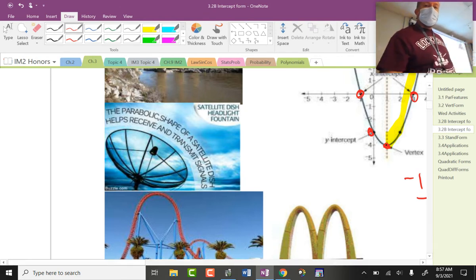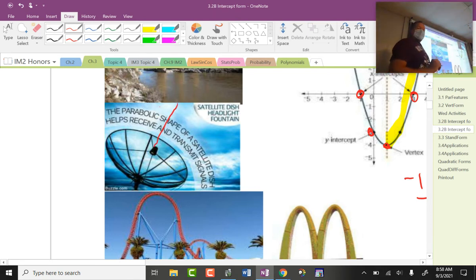But this is what happens with a paraboloid. You get signals that hit that directly from space, but then the paraboloid is perfectly ground so that it bounces and hits that focal position right there all the way around. And this is the only reason why you get a sharp picture.